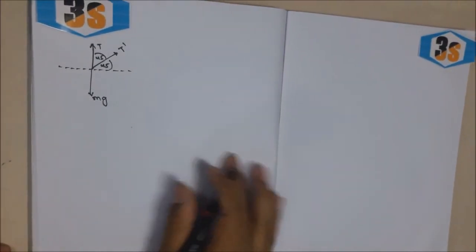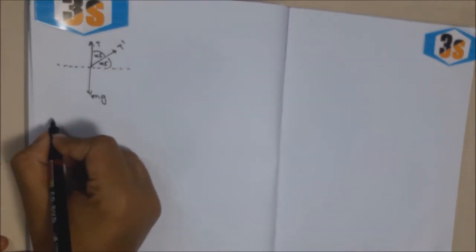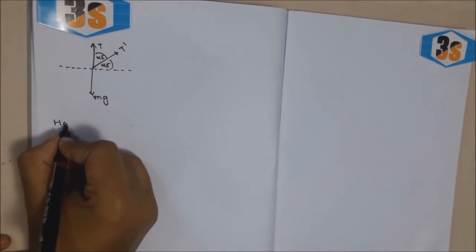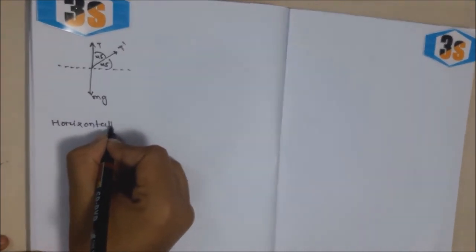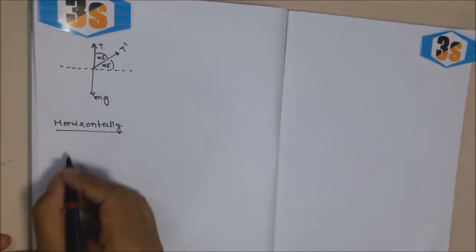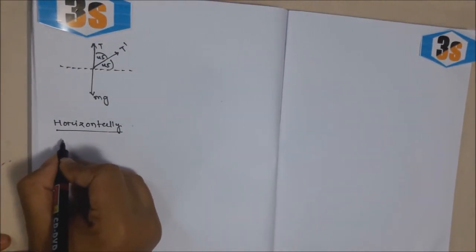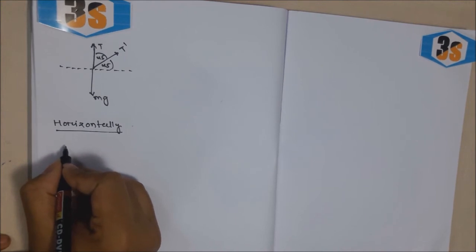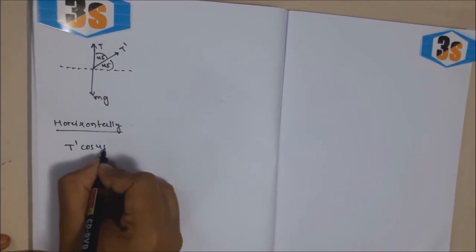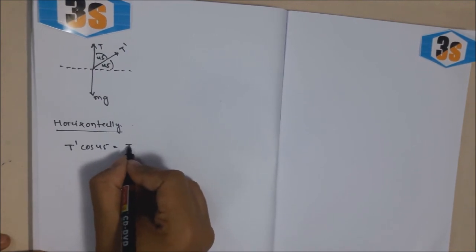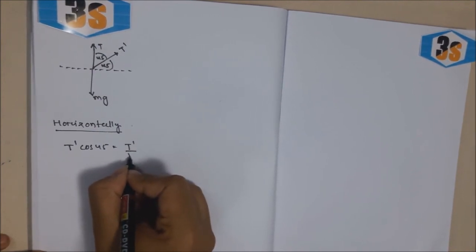Now let us resolve the forces in the horizontal. Horizontally, there is only one force acting, that is T dash cos 45, which you can write as T dash by root 2.